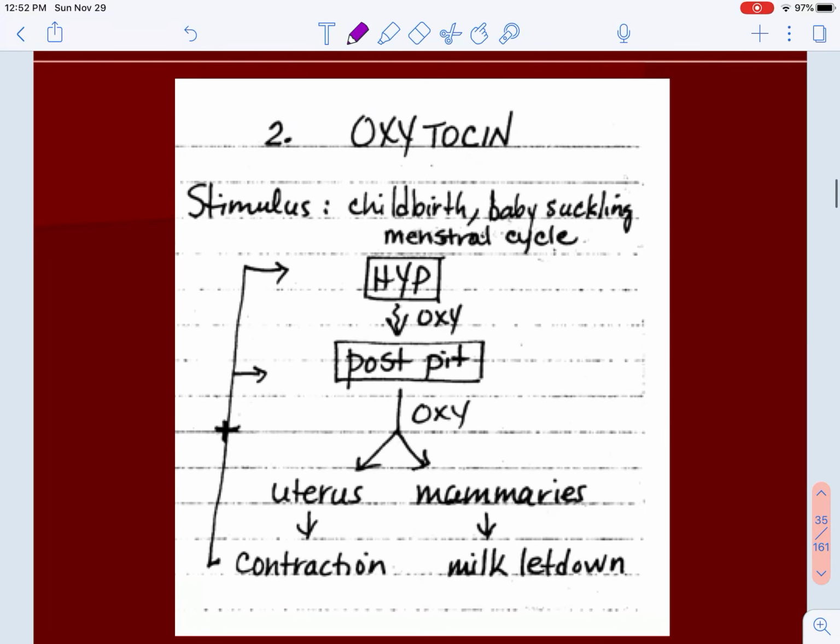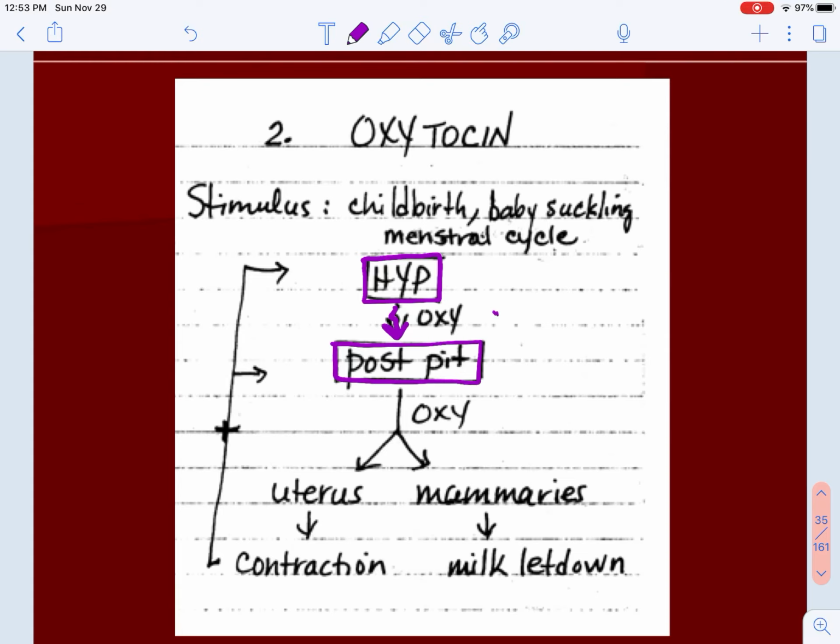Okay, let's go to the oxytocin feedback loop. This will be the second one in your collection. The stimulus for this muscle contractor is when childbirth starts, or the baby's nursing, or the monthly female cycle. And just like the other one, the hypothalamus is actually making that oxytocin. It is trickling down when needed into the posterior pituitary.